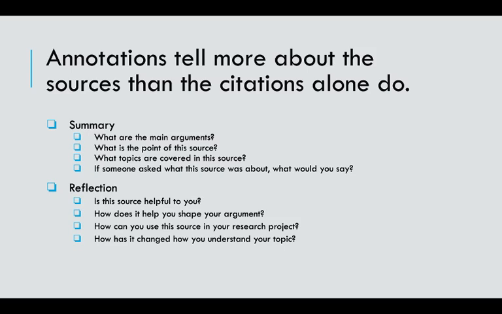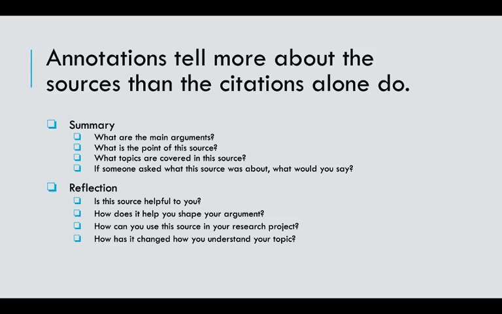We're going to be creating not just a plain bibliography, but an annotated bibliography. Annotations tell more about the sources than the citations alone do. A good annotated bibliography will have a summary of the source. It will tell what the main arguments are, what the point or purpose of the source is, and what topics are covered.